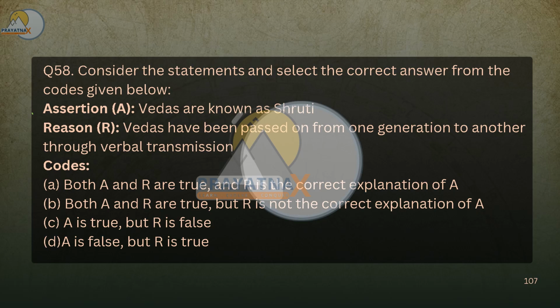Now Vedas have been passed on from one generation to other. This is also true. So the correct answer for question number 58 is both A and R are true, as R does explain why Shrutis are basically called as revelation. Now Vedas have been passed from one generation to another through verbal transmission, and this is why it is also known as Shruti.